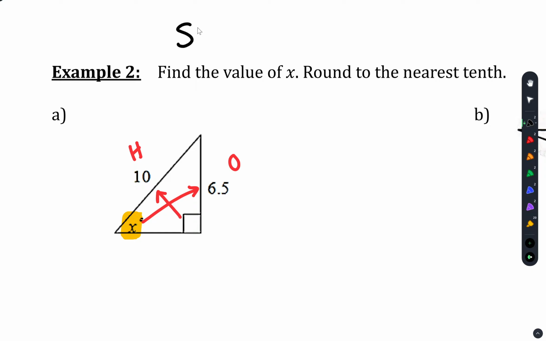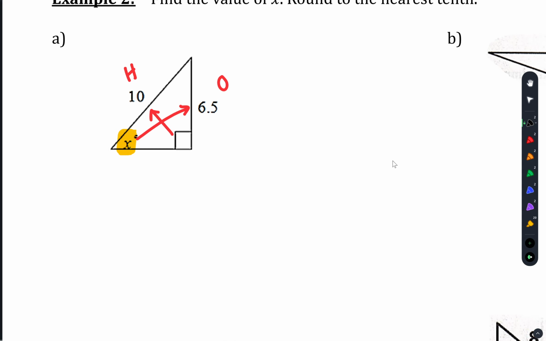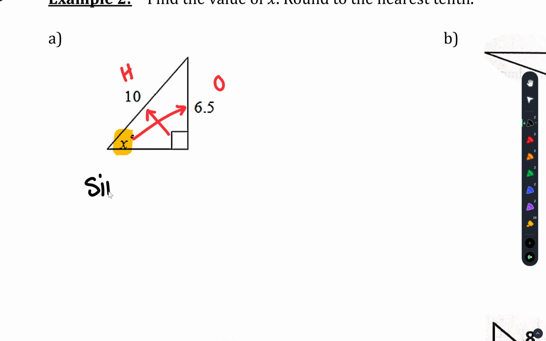Maybe I'll write it up here so we have it: SOHCAHTOA. So that's sine. I'm going to write sine. Now, yesterday, what were we always putting right after the trig function name? The degree measure.